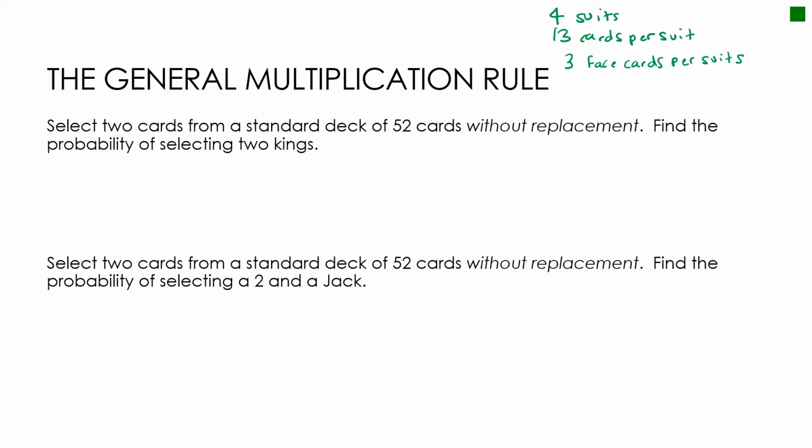So I'm selecting 2 cards from my standard deck of 52 cards. Oh, I guess I should have said each deck has a 2, 3, etc. through 10, and then Jack, Queen, King, Ace, where the Jack, Queen, King are the face cards.